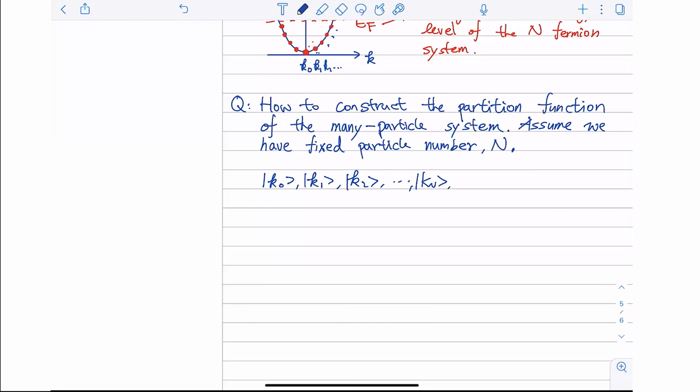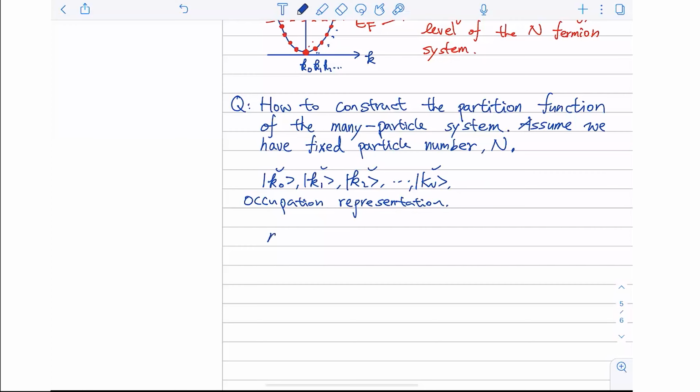So if we try to use another expression which is called the occupation representation, instead of listing all the momenta, we try to ask how many particles are sitting in each state.